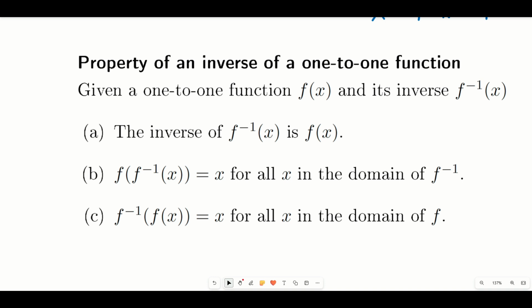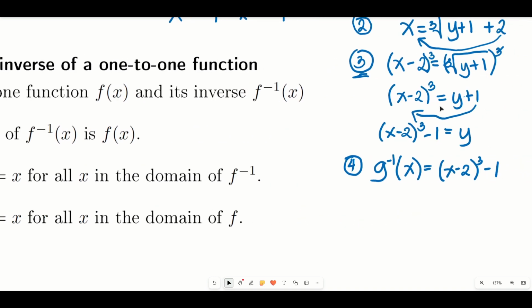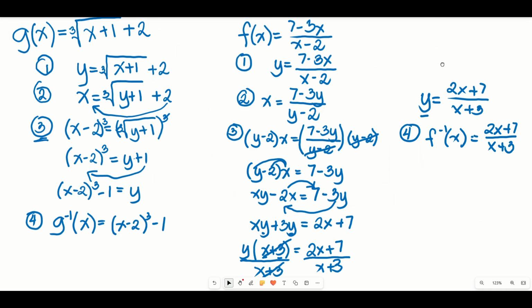So first, let us try to verify the first property. The inverse of f inverse of x is f of x. Tingnan natin if this will be correct or true to our solved example earlier. So, for example, let us try to verify the first property if it holds true dito sa ating second example.